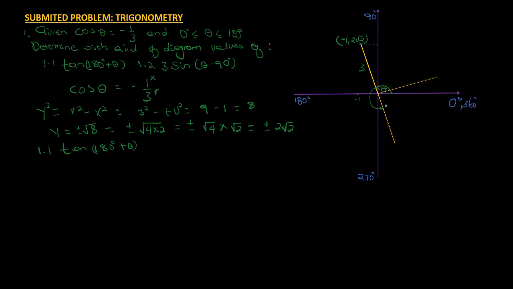So when we're sitting here, the angle made is 180 degrees plus theta. So we find ourselves here after making that rotation. But what would be the coordinates here? The length of the line hasn't changed, so it's still 3. R is 3.